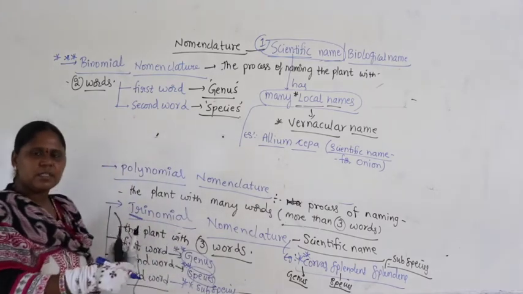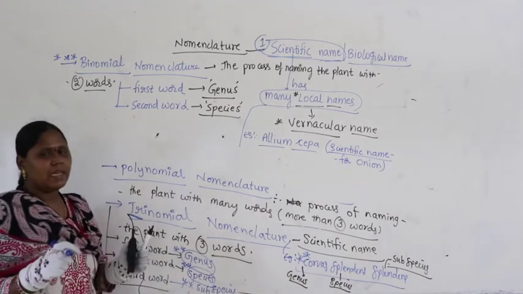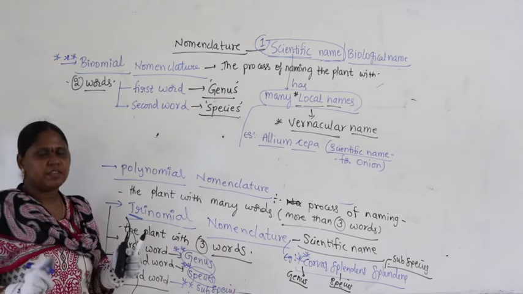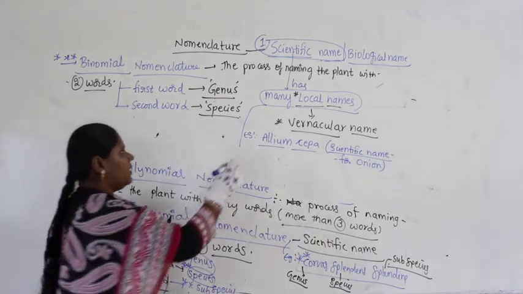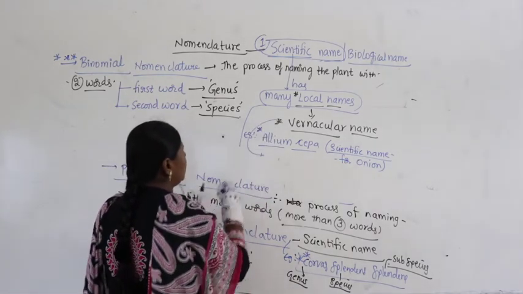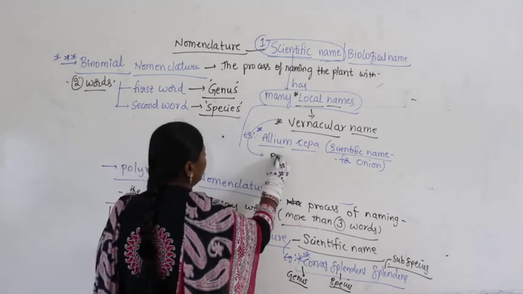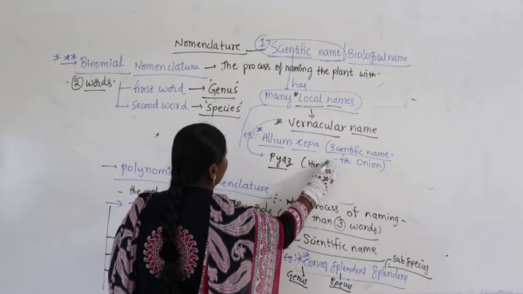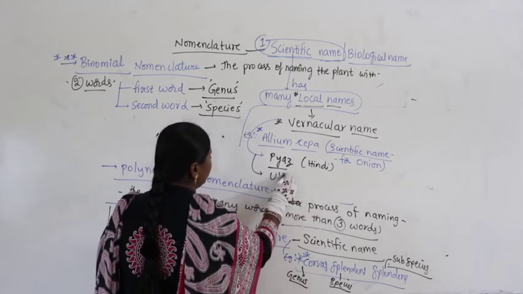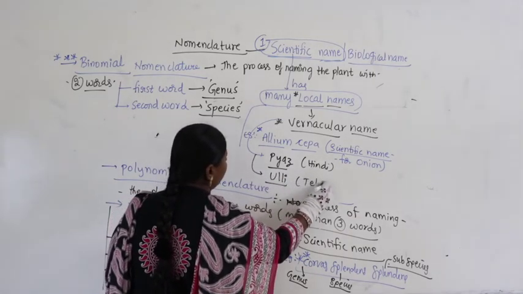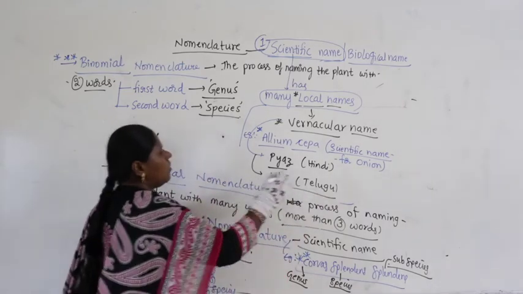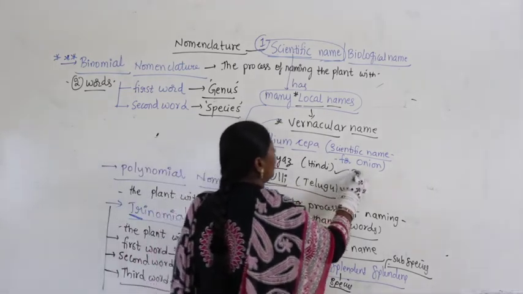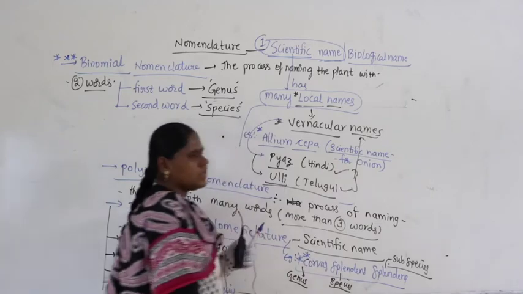Across the world, wherever you go, if you say Allium cepa, people will understand they are speaking about onion. But it has many vernacular names. For example, locally it's called pyas in Hindi, right. We call it ulli in Telugu or Kannada, right. So, these are called vernacular names.